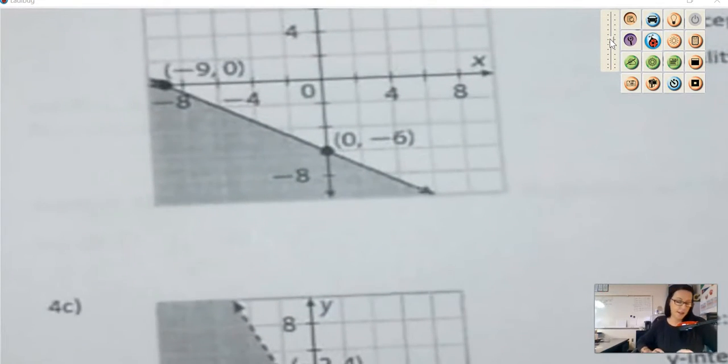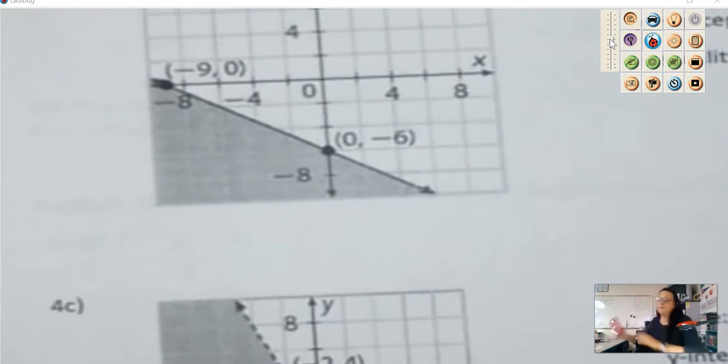Okay, here, find the slope. They gave you the 2 points. Do y sub 2 minus y sub 1 over x sub 2 minus x sub 1.